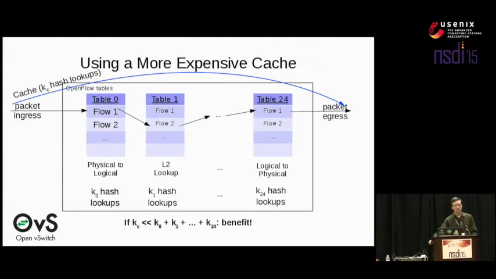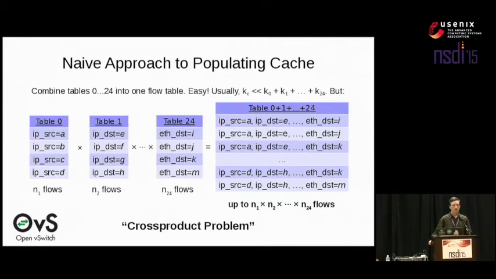So this, in theory, would work out really well because usually some of these tables match on the same things, and the cost of a single classification, even across all those fields that all of the tables look at, is still much, much lower than the cost of doing all the classifications sequentially.